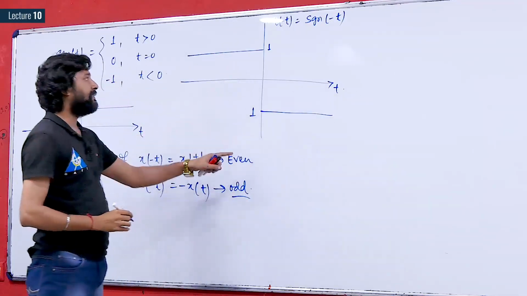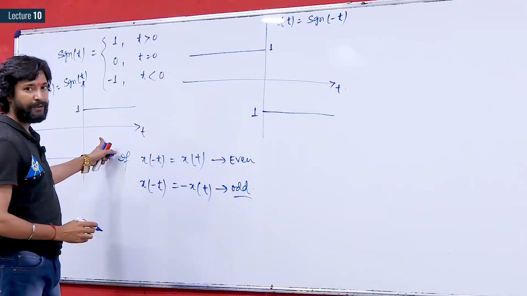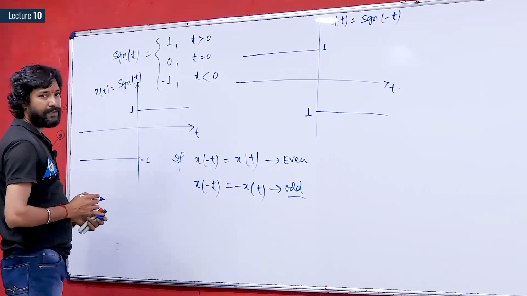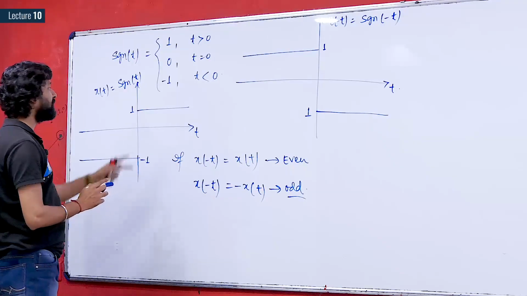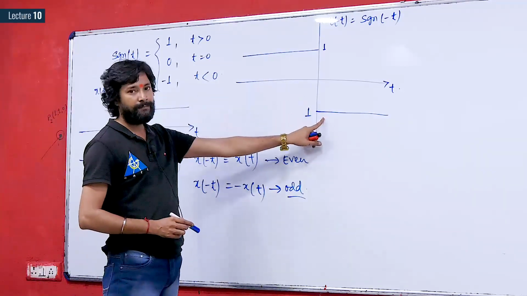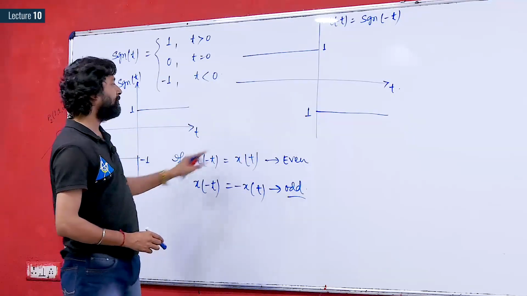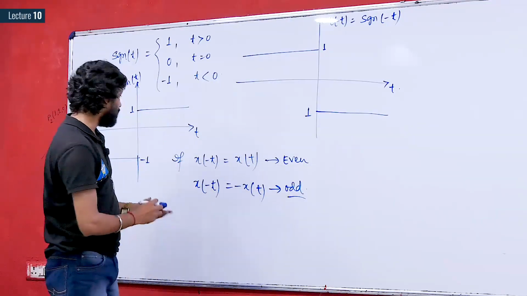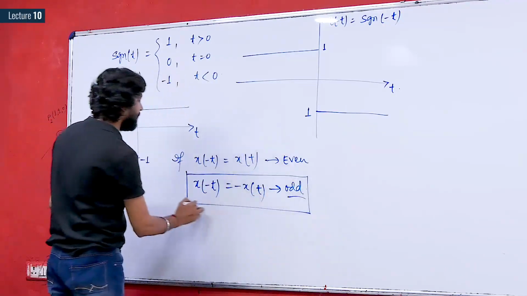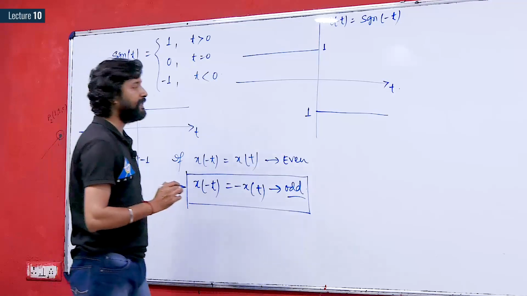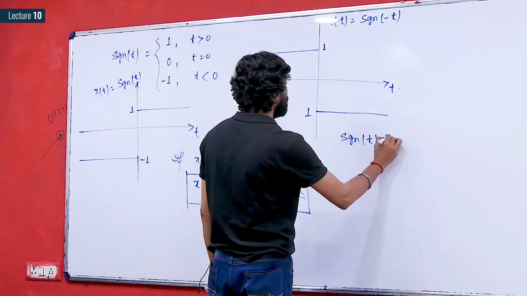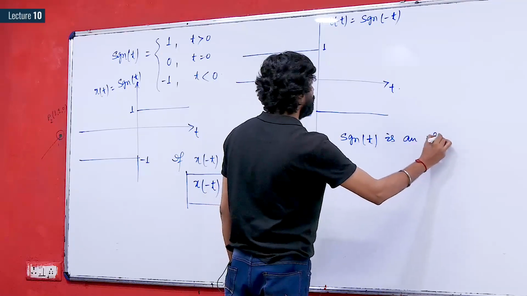Now if you compare these two signals, if you multiply x of t by minus 1, that is, take the amplitude reversal, then 1 turns to minus 1 and minus 1 turns to plus 1. So signum of t satisfies the condition that x of minus t is minus of x of t. Therefore, signum of t is an odd function.